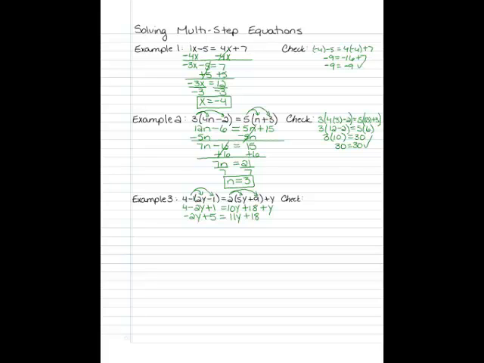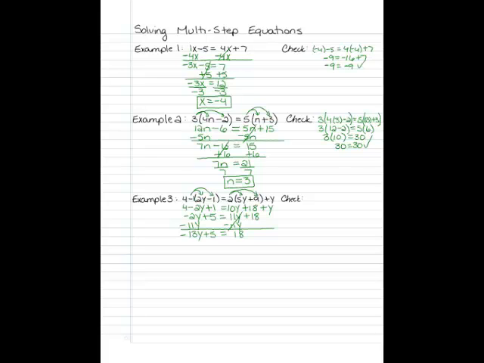Now we need to gather all of the y terms on one side of the equal sign. So I'm going to subtract 11y, subtract 11y. -2y minus 11y gives -13y plus 5 equals 11y minus 11y is 0. So on the right side we only have 18.